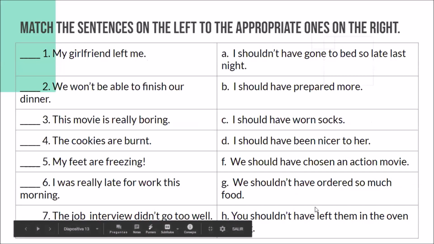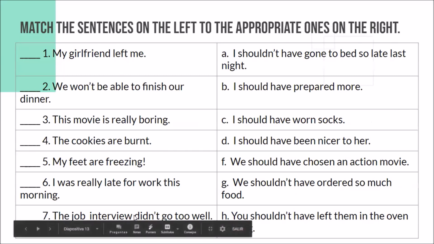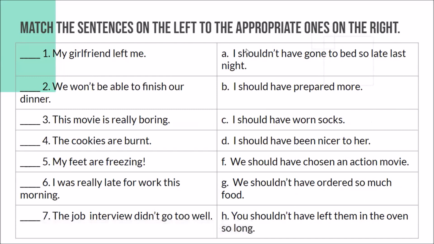Let's look at the first activity. It says, match the sentences on the left to the appropriate ones on the right. Okay, so here you have 7 sentences, and you have the beginning, and you have here another column with the ending of the sentences. If you look at this, all the sentences have should have, okay?